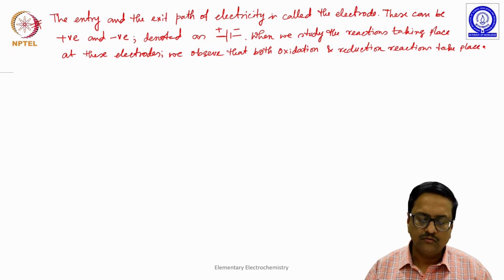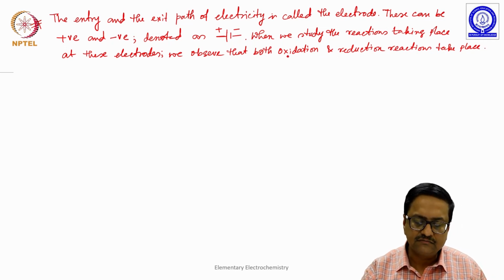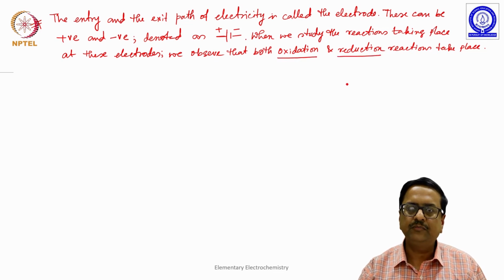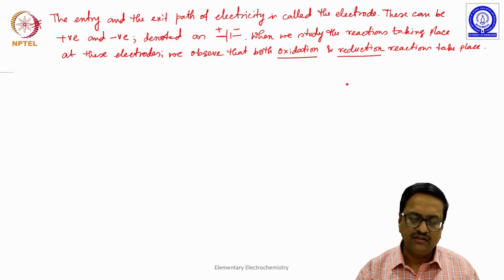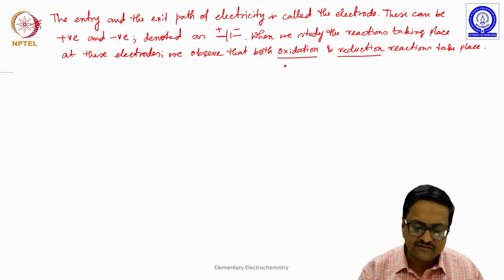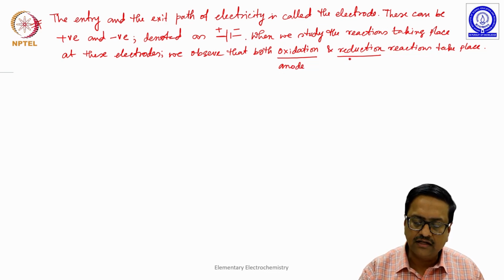So, based on the nature of reaction happening at those electrodes, we call them anode and cathode. Conventionally, the electrode at which oxidation takes place is called the anode, and the electrode where reduction takes place is called the cathode.